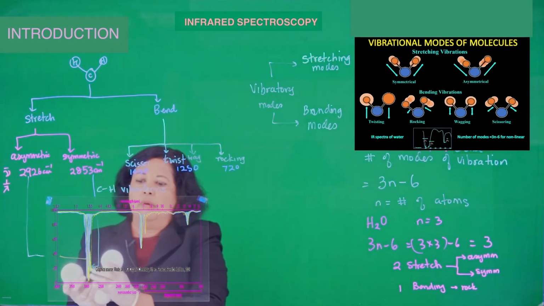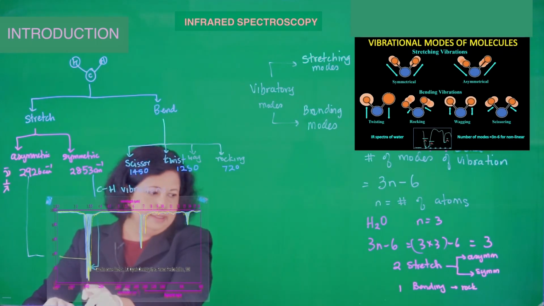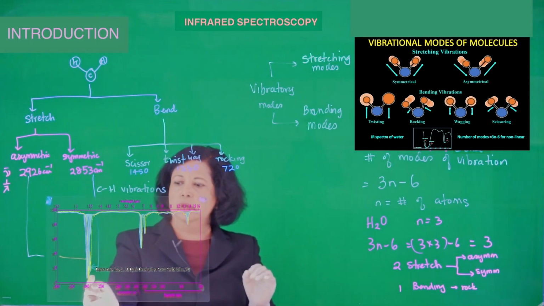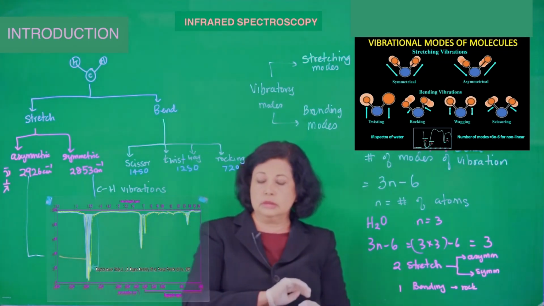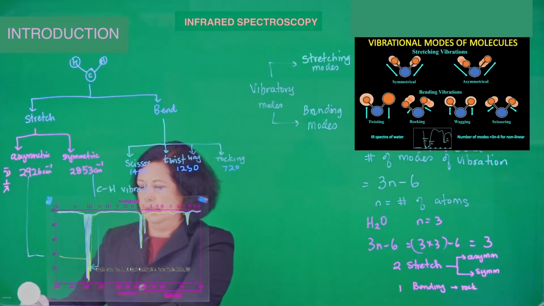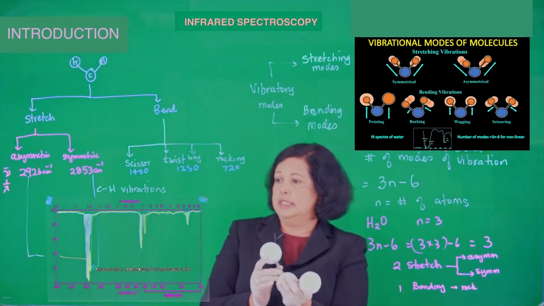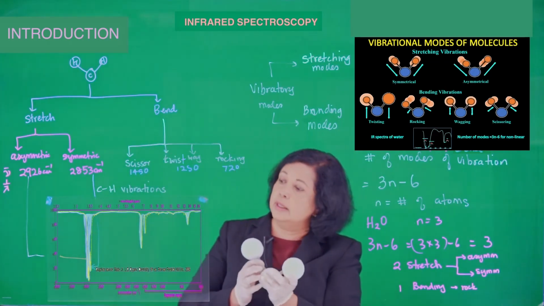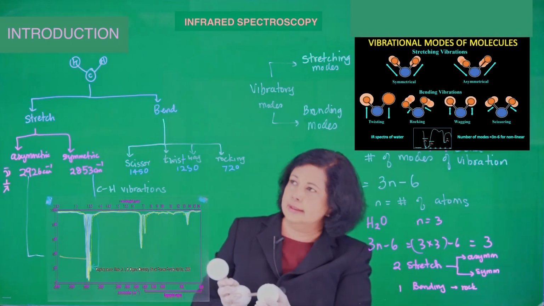But what's really important is exactly the wave number here, because that wave number is a constant for all CH bonds across the board. Whether it's from a long chain, short chain, polymer, it doesn't really matter, it's always going to be absorbing in that region. So by looking at that, you can identify a CH bond.